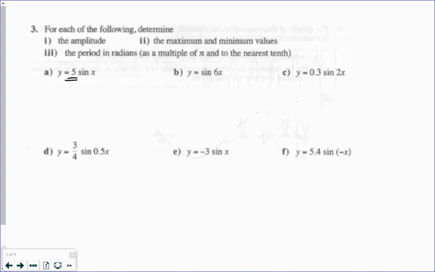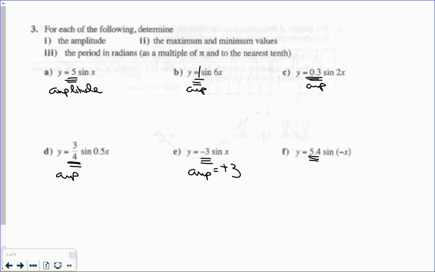The number in front is always the amplitude. So the amplitude is 5, the amplitude is 1, the amplitude is 0.3, the amplitude is 3/4. Now be careful here. Even though the equation says -3, you record the amplitude as +3.